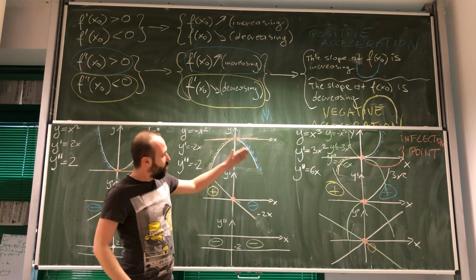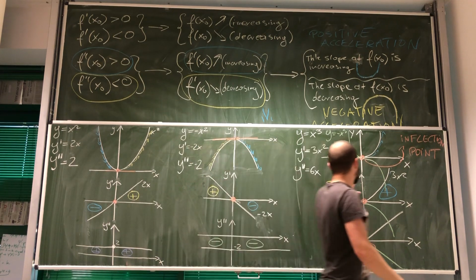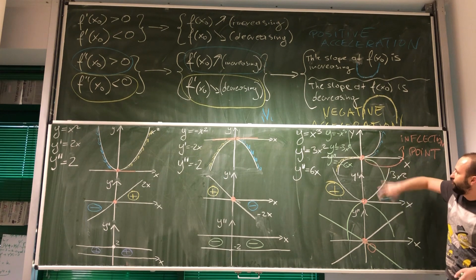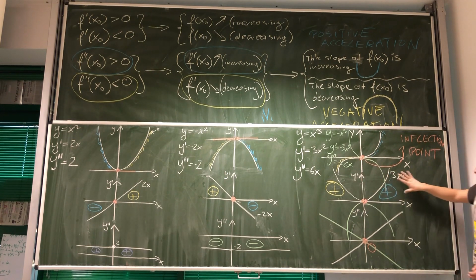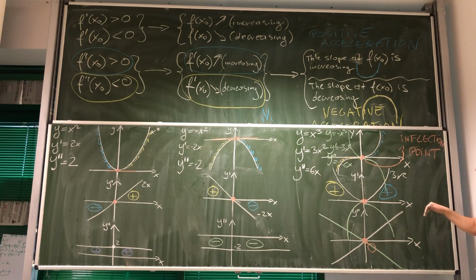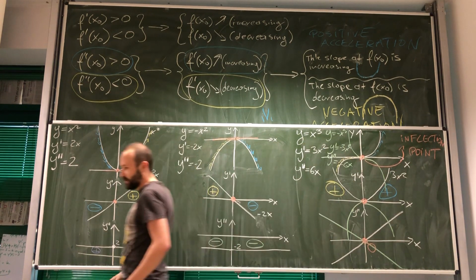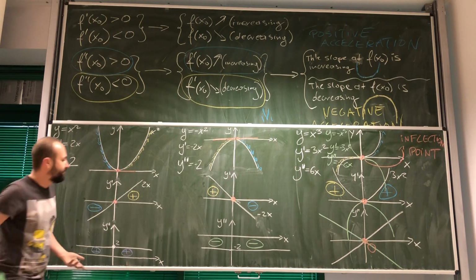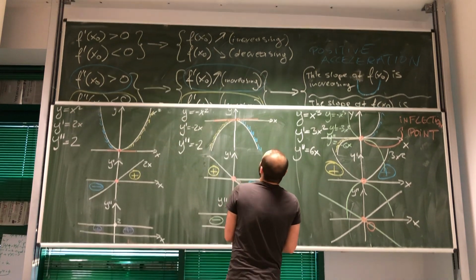So look, if we have a situation when the first derivative around some zero point, critical point, is always positive, but the second derivative is 0, this means that we have an inflection point. And we need to take this into consideration when we devise a test for relative maximum or relative minimum.